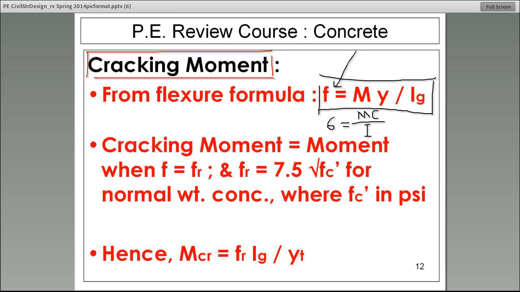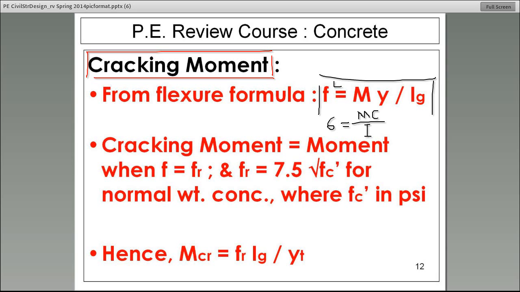And what about the other ingredients? M is M. What we called c last week is now y. Okay?